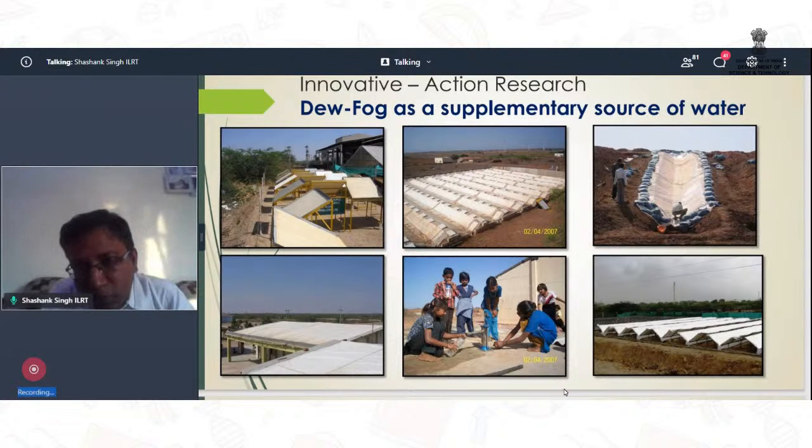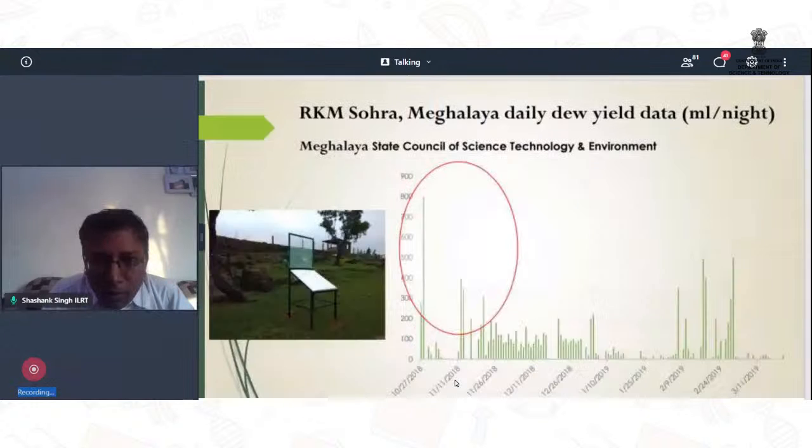The right side upper picture shows, in Kutch at a coal mine, we developed the world's biggest dew harvesting system, about 800 square meters. And the bottom right picture is the dew bottling plant, which was developed around 2013 with the support of DST. Next slide, please.